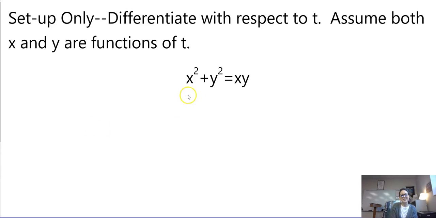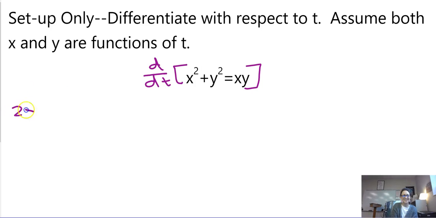Alright, if I'm differentiating the left side, do I have any special rules? No, we just need to keep in mind that we're going to derive both sides with respect to t. So I'm going to put d dt, take the derivative with respect to t, and again notice none of the variables match. So I'm going to need to multiply by dx dt or dy dt anytime I derive.